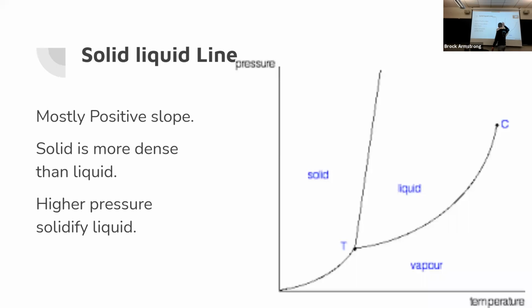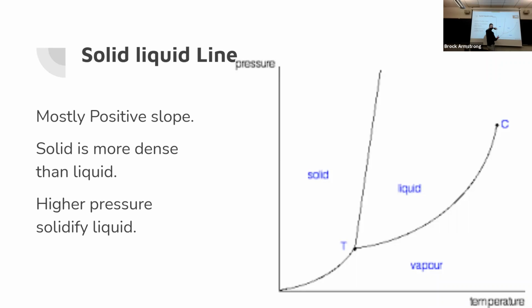But since it's pointing this way, we can conclude that the solid is more dense than the liquid because its slope is positive. That means if you increase the pressure at a constant temperature, so let's say we have this temperature right here, and we increase the pressure up and up and up, we're going to become a liquid.